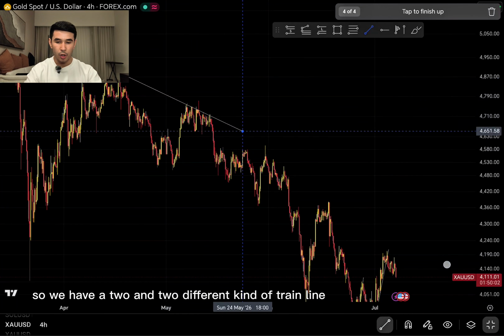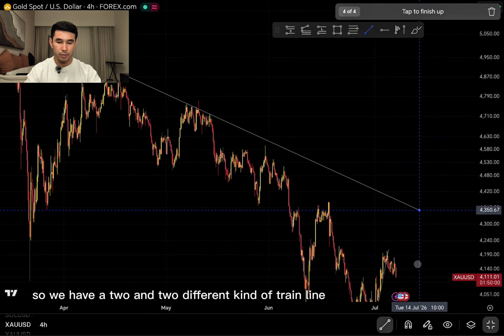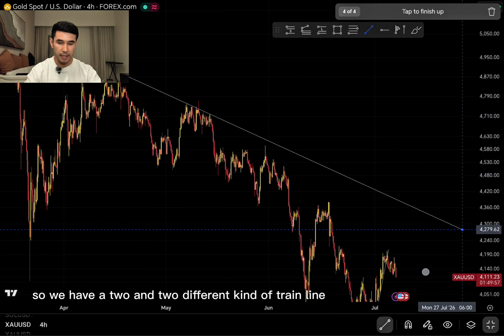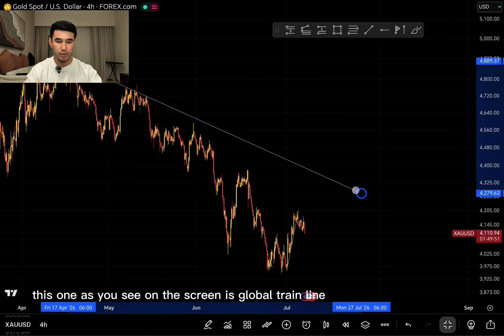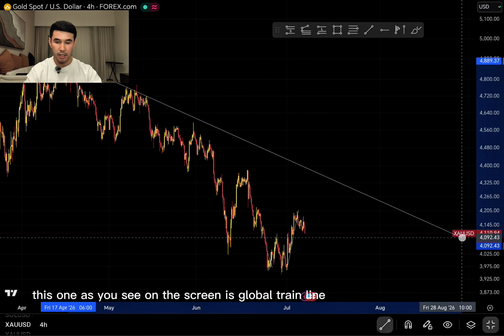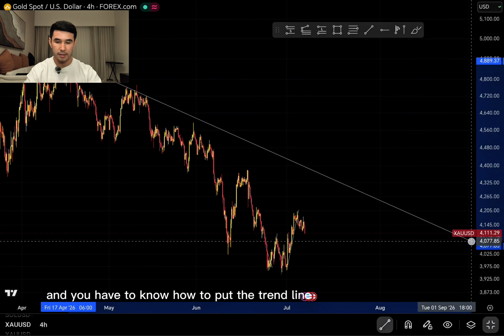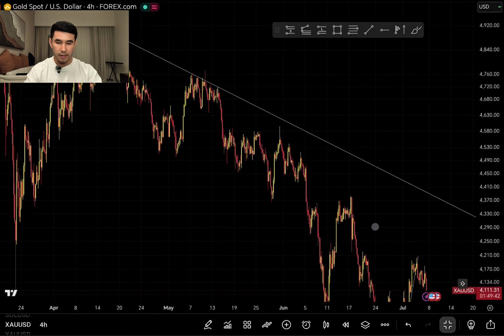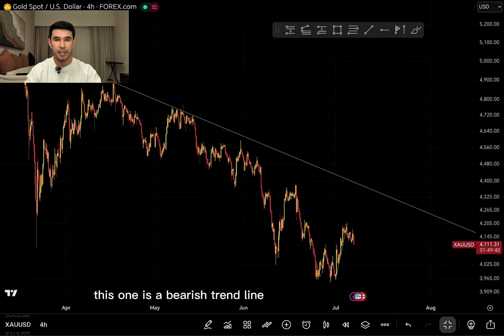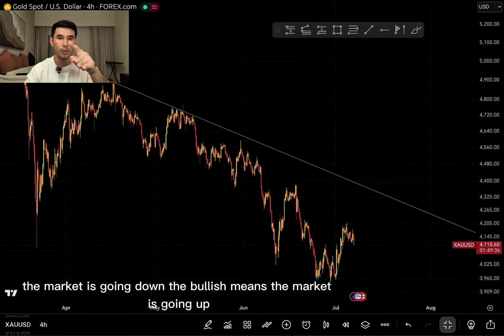So we have two different kinds of trend line. We have a global trend line and a local trend line. This one, as you see on the screen, is a global trend line. This one is a bearish trend line. Bearish and bullish: bearish means sell, the market is going down.